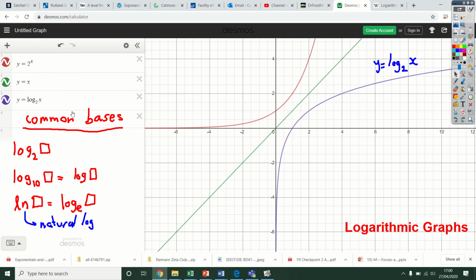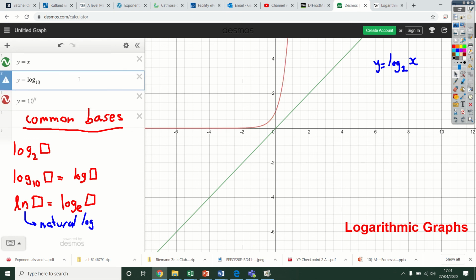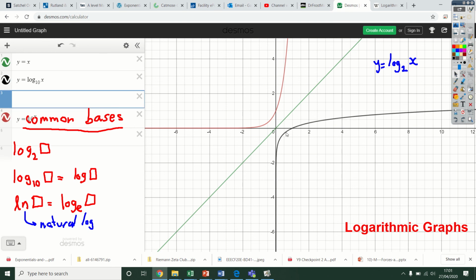That's log base 2. Let's take them off and do base 10. So if we do y equals 10 to the x, that's going to be a lot steeper. If we do the log graph, log base 10 of x, there you go, same idea, okay, it's the same similarities, except this one's steeper, so this one's much shallower.